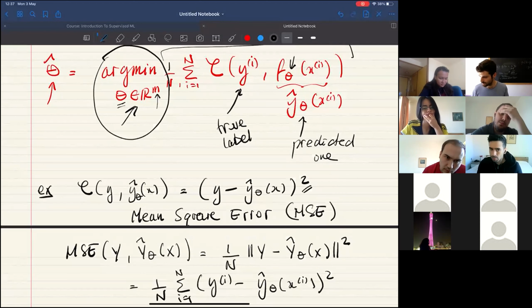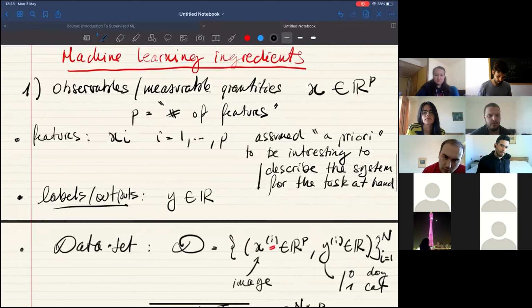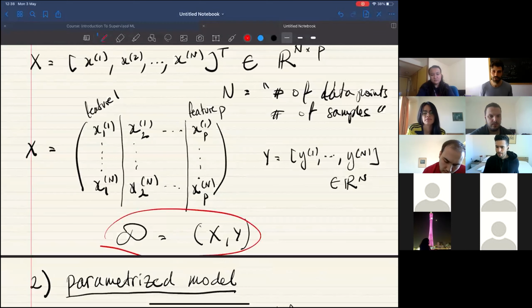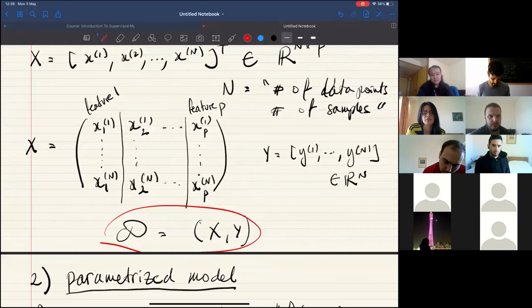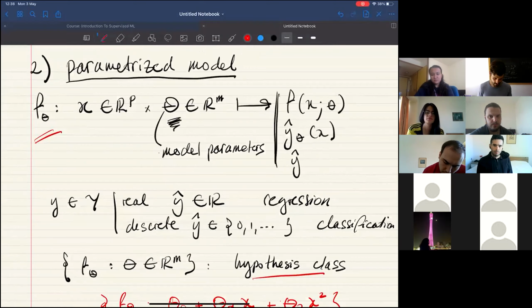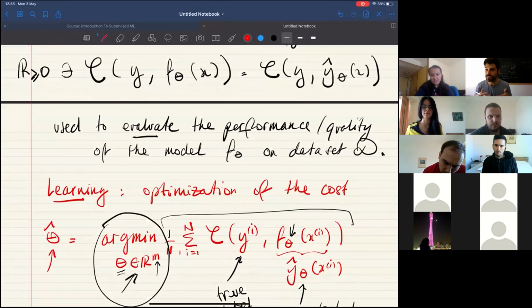So tomorrow we'll continue to discuss the learning procedure here, what we want to do, what we call the machine learning workflow study, which means once you have these 3 ingredients, which are again the data set, put in the correct form like this, a parametrized model, or equivalently a hypothesis class, and a cost function, how to put all these 3 ingredients together in order to learn a good predictive model.